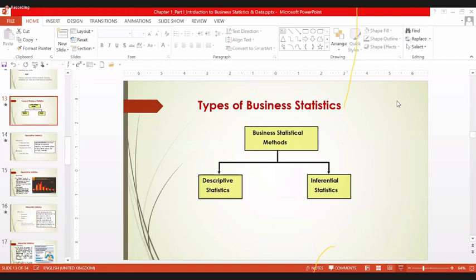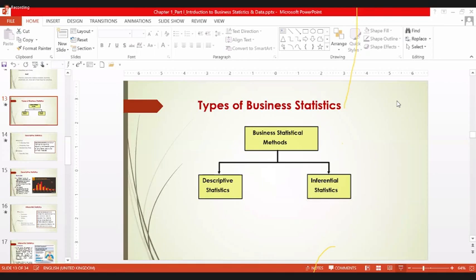So here, the main objective of using inferential statistics is decision making. But to make a decision, we have to get a sample and collect the data from that sample, and we will compute some statistical measures, and we will do some hypothesis testing using the sample results.